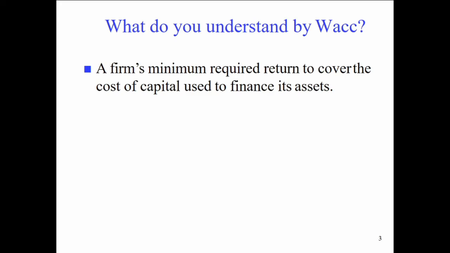So if we are looking at the example of a shareholder providing all of the funds to the company, the rate of return required by the shareholders is that company's cost of capital. Obviously, in practice, companies are not only funded by shareholders, they can also be funded through bank loans and debentures.